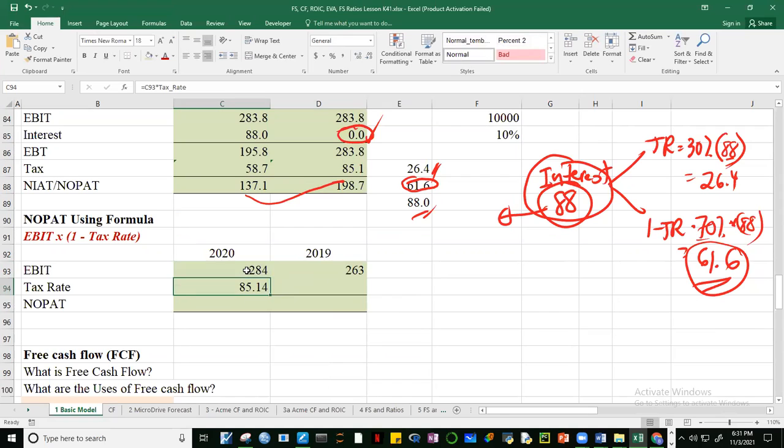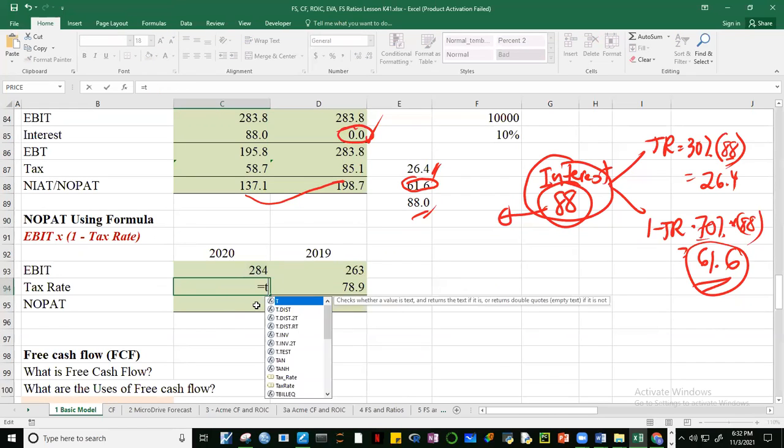Control enter, and then copy this to the right. Therefore, our NOPAT is simply the difference between... wait, sorry, this is wrong. Apologies. We just use the tax rate, sorry. Tax rate at 30%.